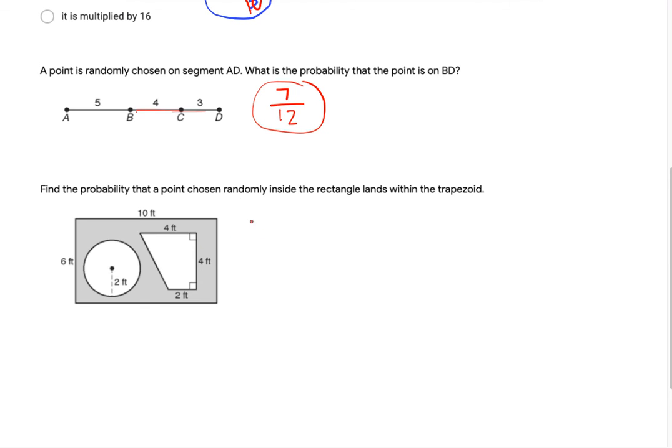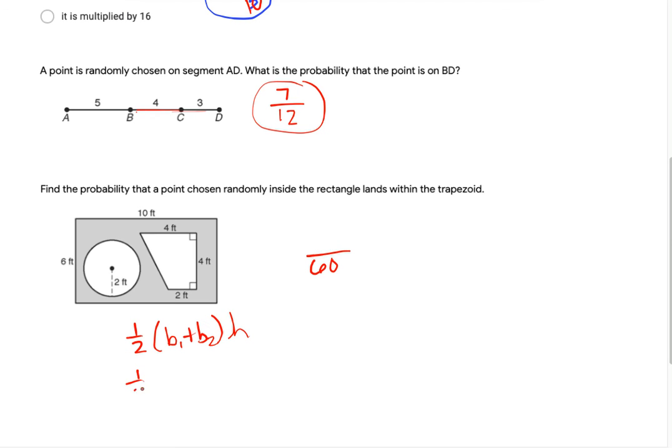The probability that a point chosen randomly inside the rectangle lands within the trapezoid. Okay, so my whole rectangle is 6 times 10, which is 60 feet. So that's my denominator. And then I need to find the area of the trapezoid. So the trapezoid is going to be 1/2 times your bases added together times your height.